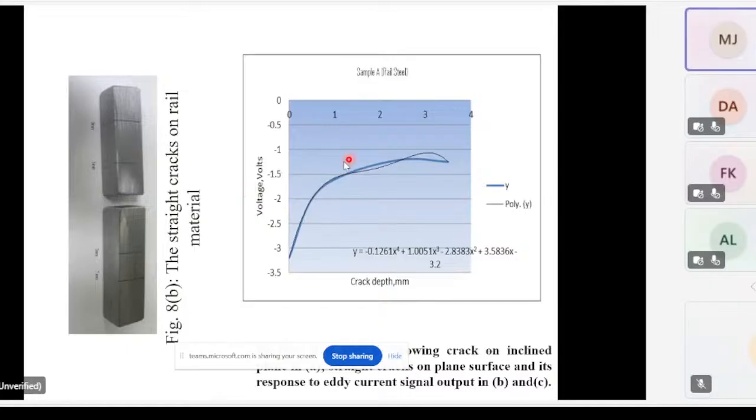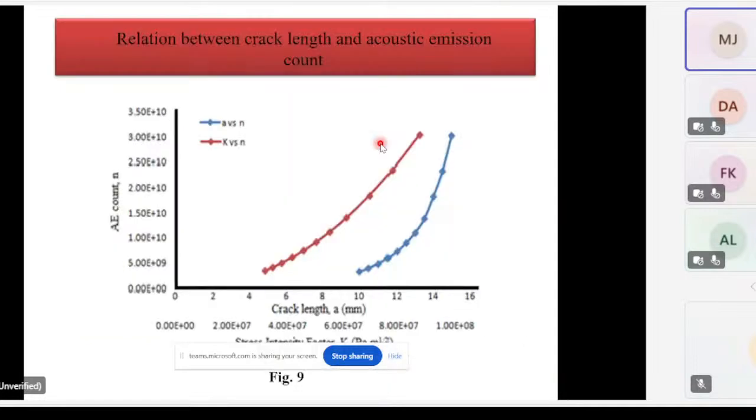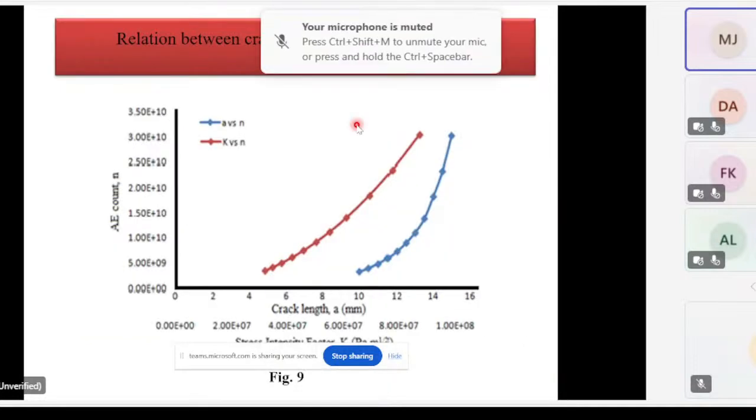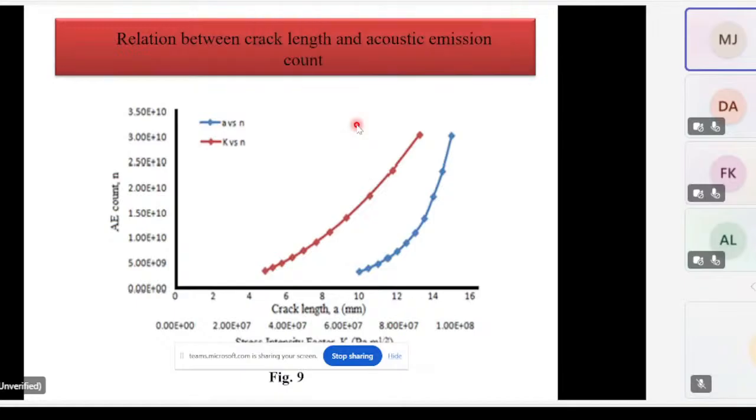Now this is your eddy current output. This is our input, the AE count, because that's what we physically determine by non-destructive testing. And a similar relationship is there against crack length. From your own judgment, you can find that from here it is rising very steeply.